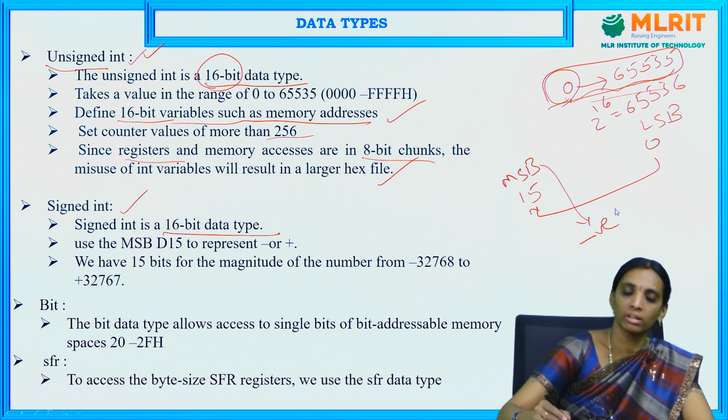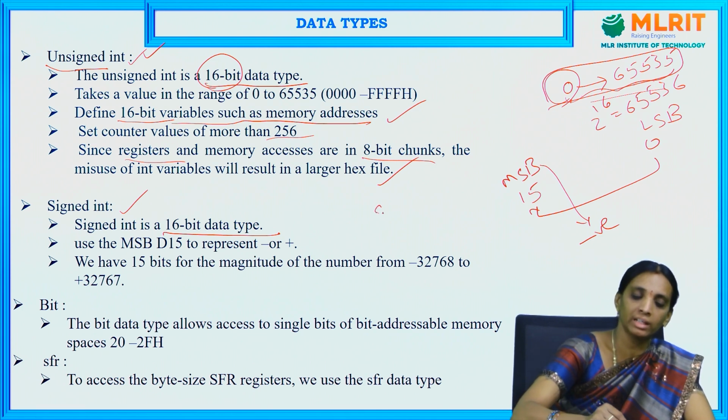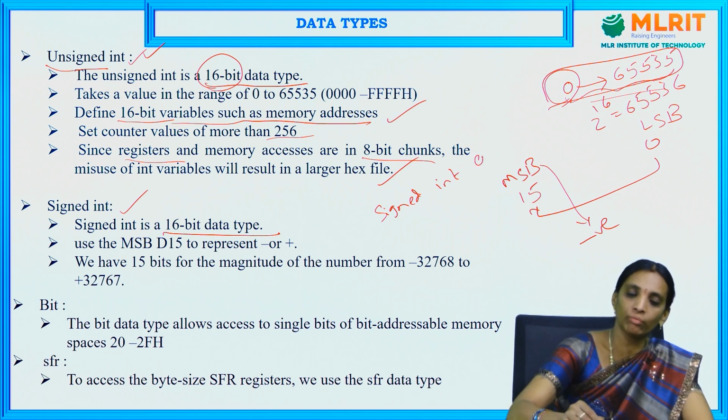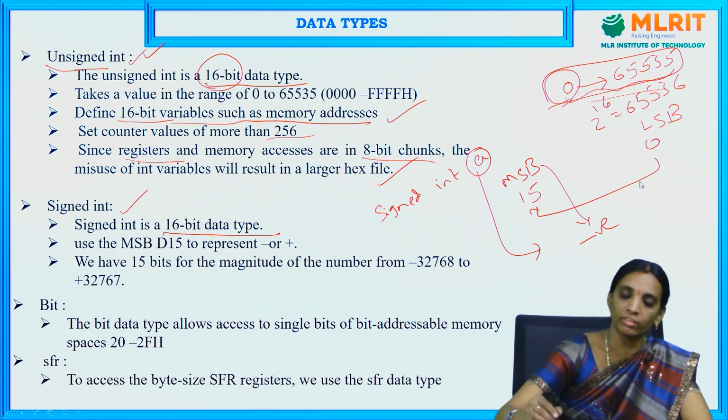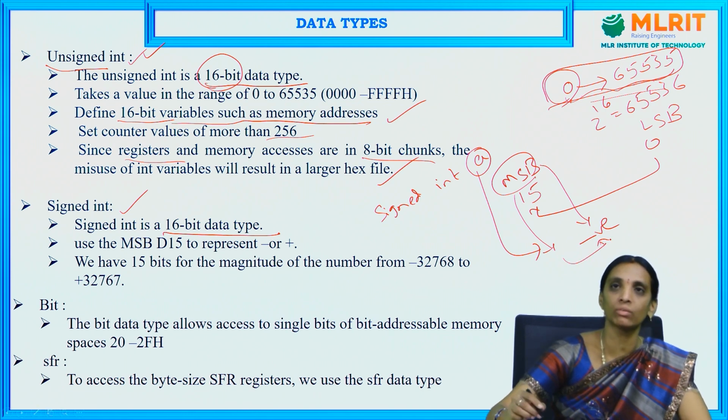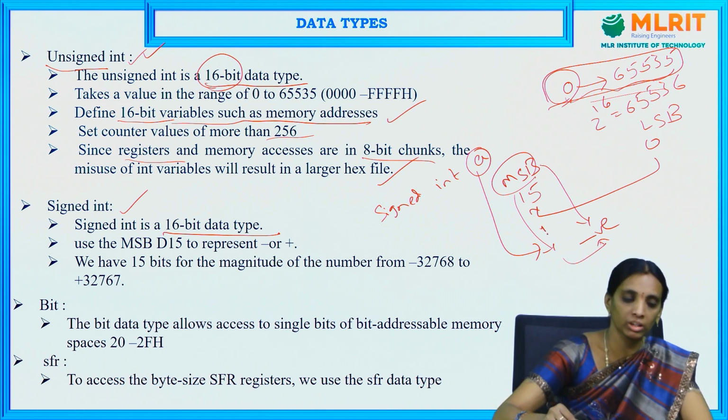So when we assign a variable as signed int, in the binary representation of its value the MSB tells whether it is negative: if the MSB is 1, it is a negative number, and if the MSB is 0, it is a positive number.